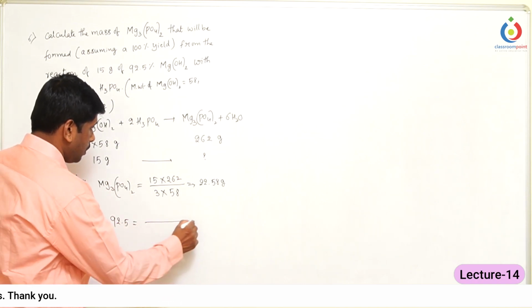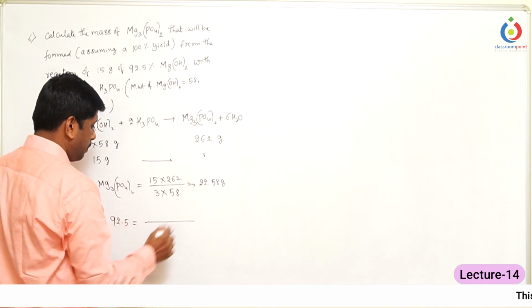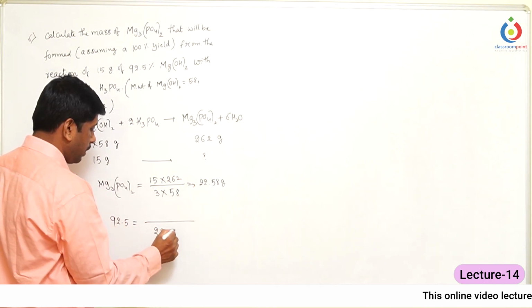So that percentage is 92.5%. From the impure compound, how much is produced? 22.58.